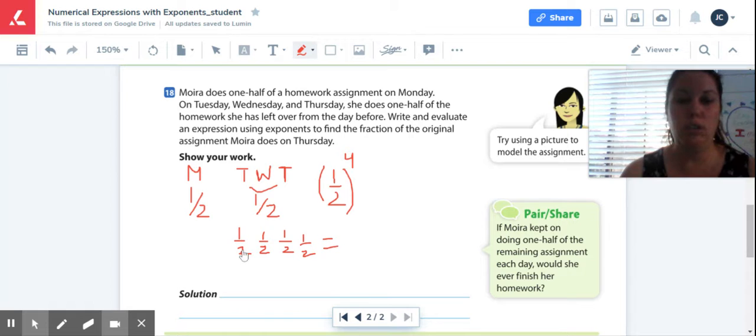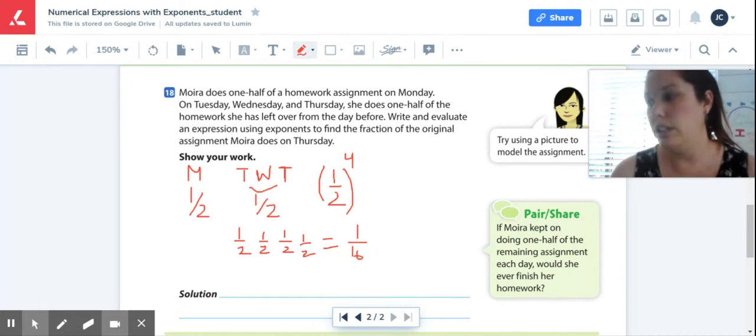Okay, so 2 times 2 times 2 times 2, 2 times 2 is 4. 2 times 2 is 4. So 4 times 4 is 16. Yep. And then 1 times 1 times 1 times 1 is going to be 1.